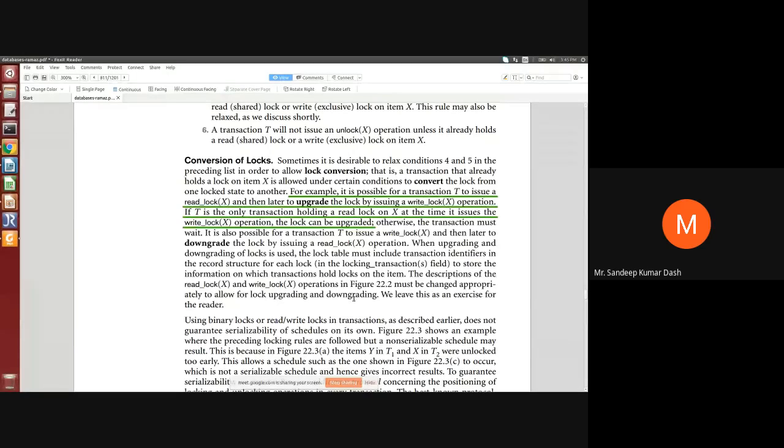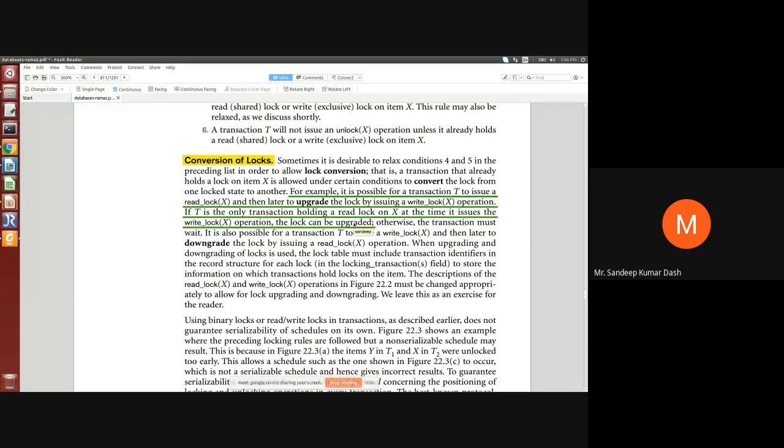Now, conversion of locks. Sometimes you need to convert the type of lock that you have. Suppose you have a read lock. Initially, you acquired a read lock for a data item X, but later you decide that you need to write on the data item X. So you have to further request for writing onto the data item X. Unless you acquire the write lock, you cannot write onto it.